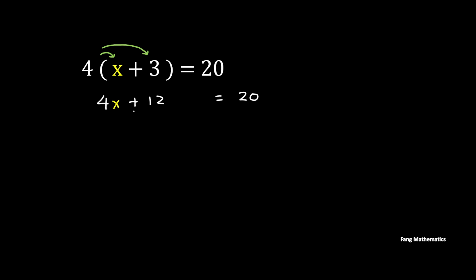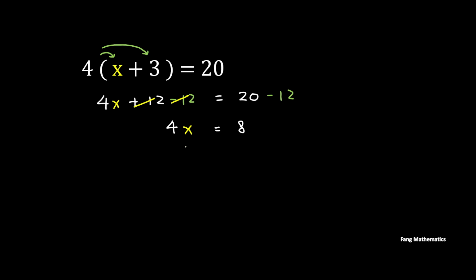Look at the expression on the left. You see the parenthesis is being removed, and now we are to remove the plus 12. It's a bit further away from x, so we are to remove the plus 12 by minus 12 on both sides of the equation. On the left, I believe the plus 12 and minus 12 gets eliminated, leaving you 4x. On the right, 20 minus 12 gives you 8.